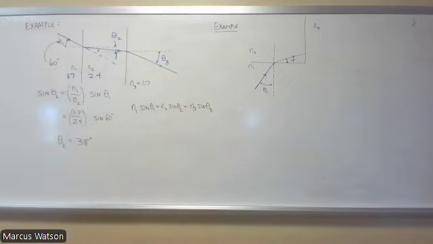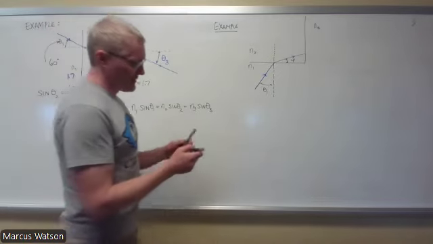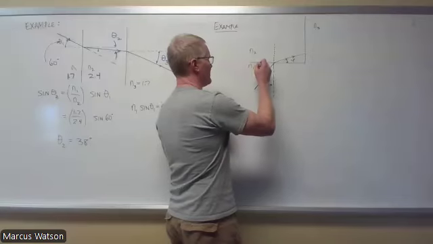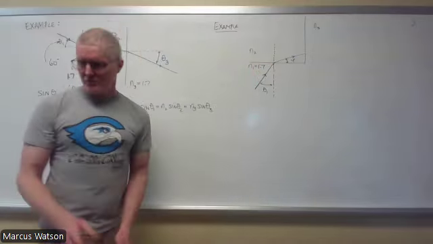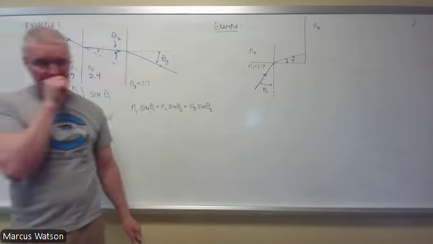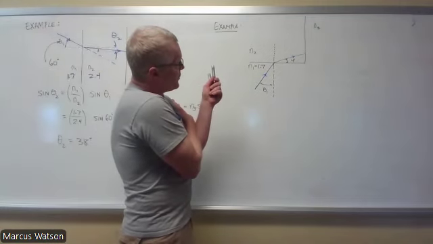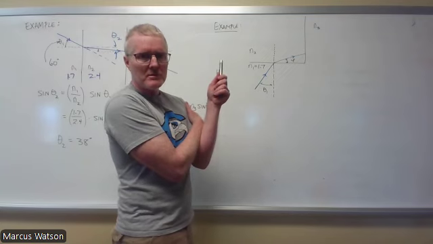All right, so let's assume that we know these two indices. Think for a minute, if I tell you that N1 is 1.7, relative to 1.7, what is N2?